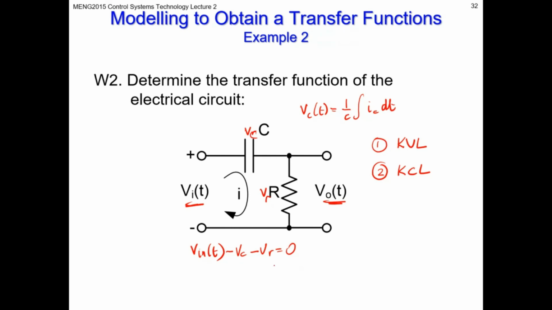The sum of all the voltages equals 0, which means Vin equals Vc plus VR. Basically, whatever your input voltage is, it's going to drop across your capacitor, drop again across your resistor, and come back around to 0. So this is number 1, Kirchhoff's voltage law.